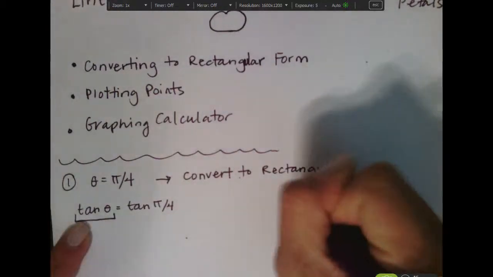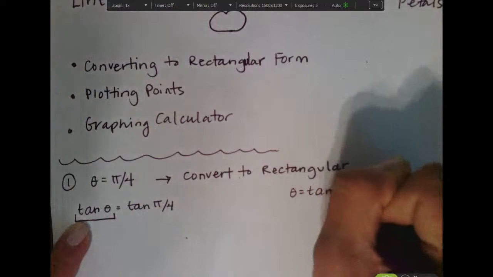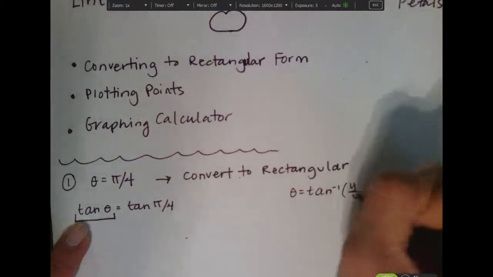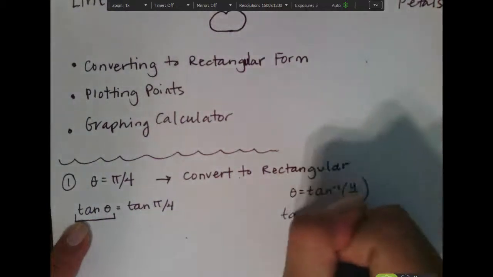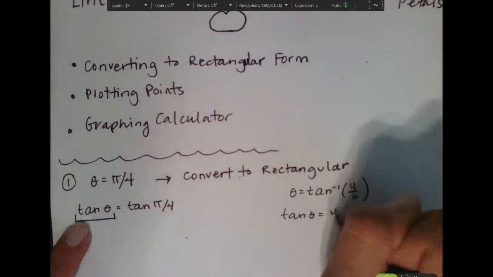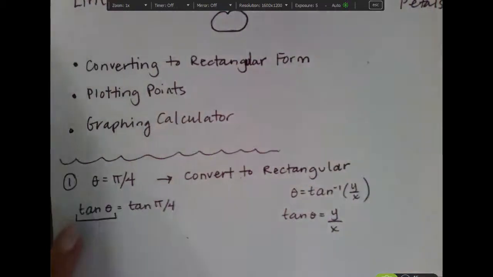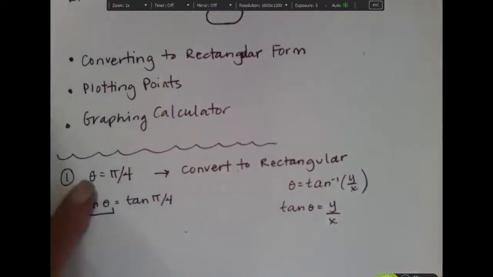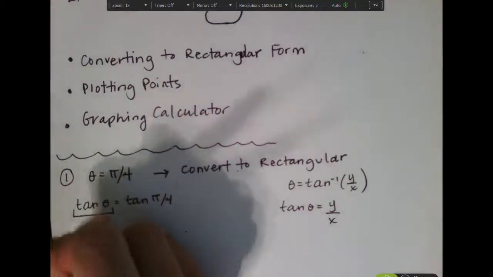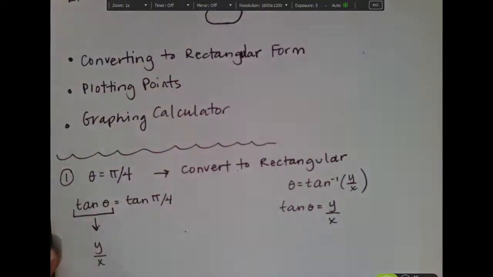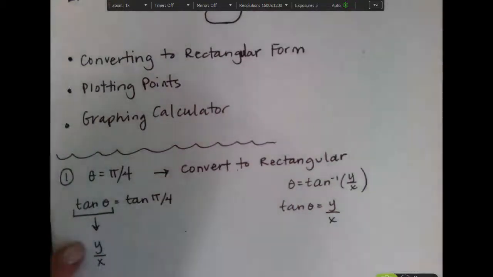We know that theta is equal to the inverse tangent of y over x, which means that the tangent of theta itself is equal to y over x. So if I took the tangent of both sides, now I can make a direct substitution for the tangent of theta and rewrite it as y over x.